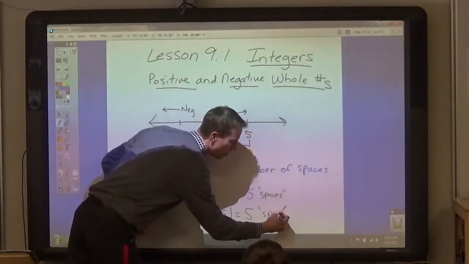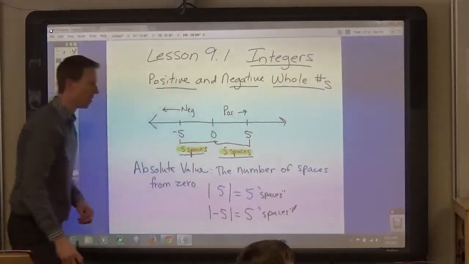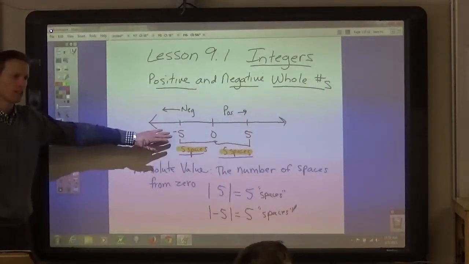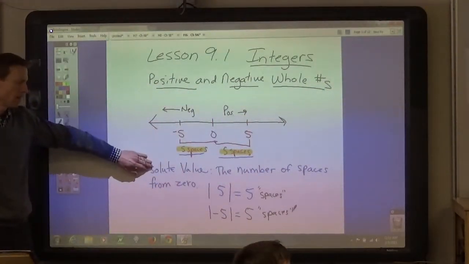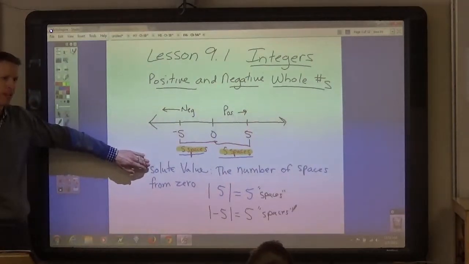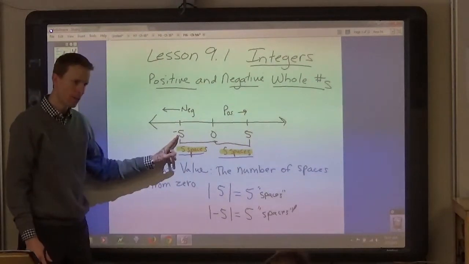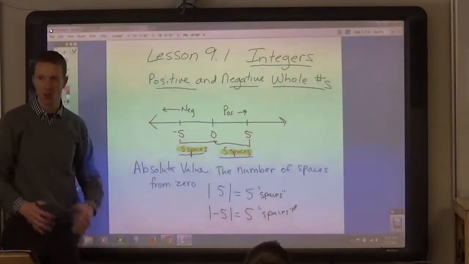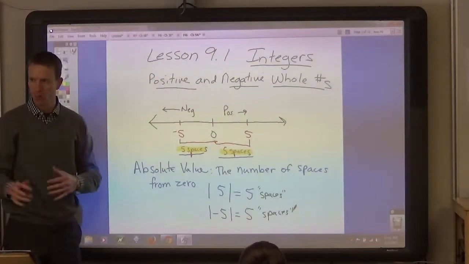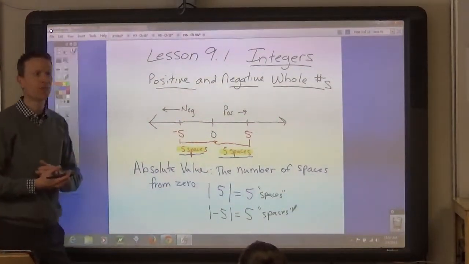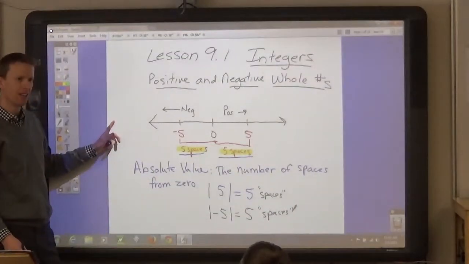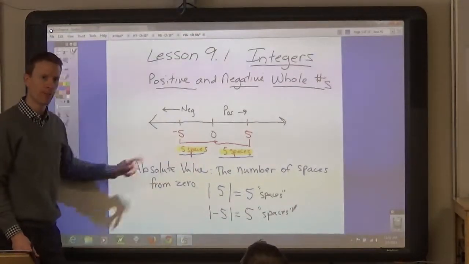Okay? Any questions about absolute value? You have to remember that it is the distance a number is from 0 on a number line, and it's always positive then. What's the absolute value of negative 20? Way over here. 20, because it's 20 spaces.